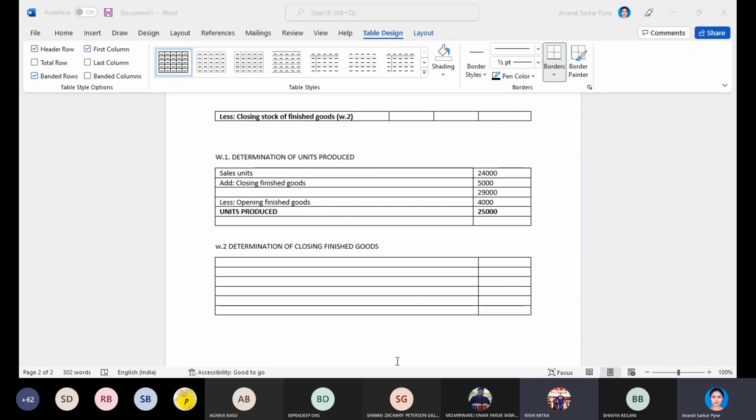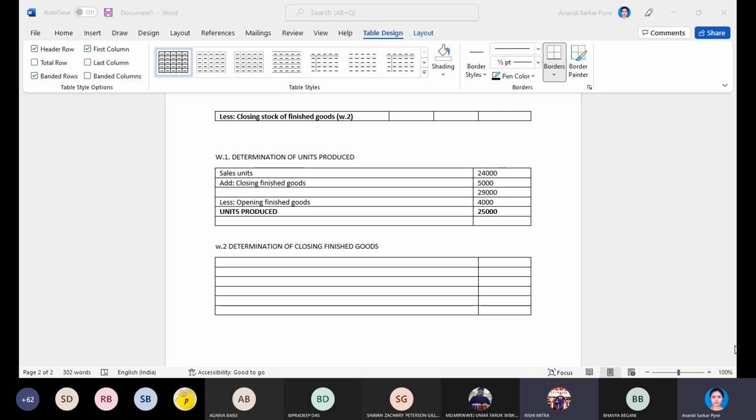we have the opening finished goods, right? Opening finished goods we have is 36,000, and the opening finished goods unit is 4,000. We need to find out its respective production units. If we are able to find the units and multiply them by rupees 9.6, we will be able to add it up and find out the closing stock.